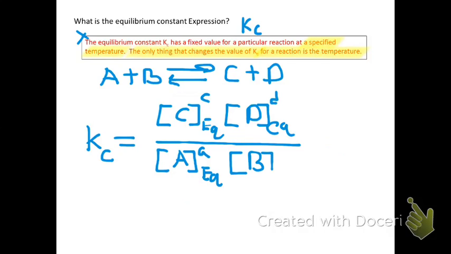Here's the concentration of B at equilibrium to the b power. Okay, so this is known as the equilibrium constant expression. And you need to become very familiar with this idea here.